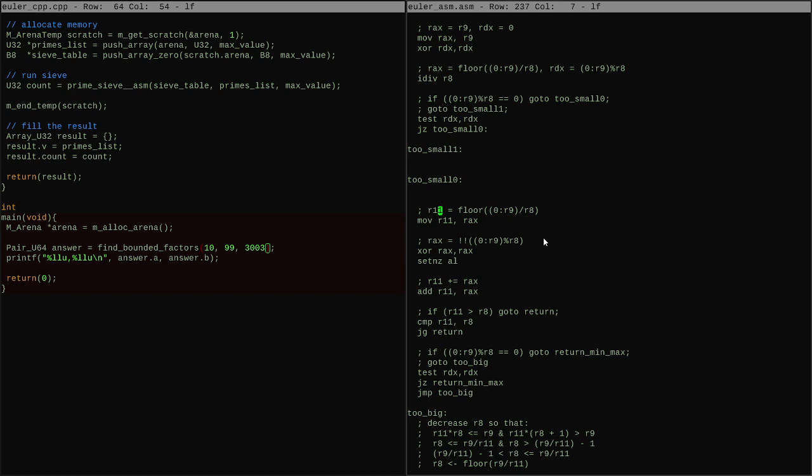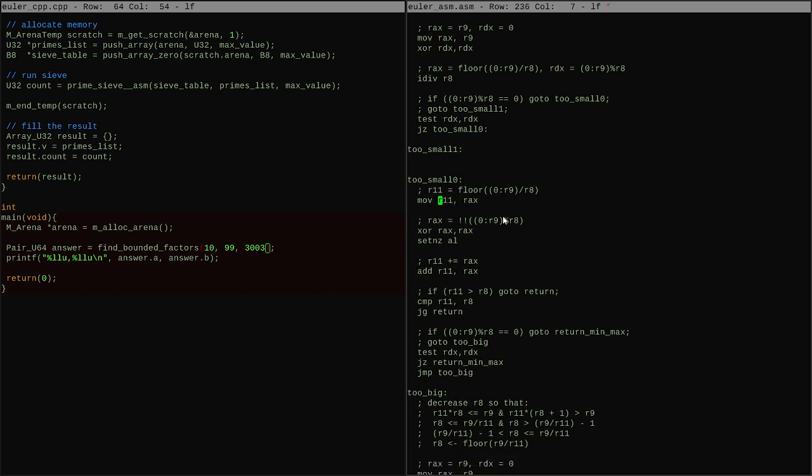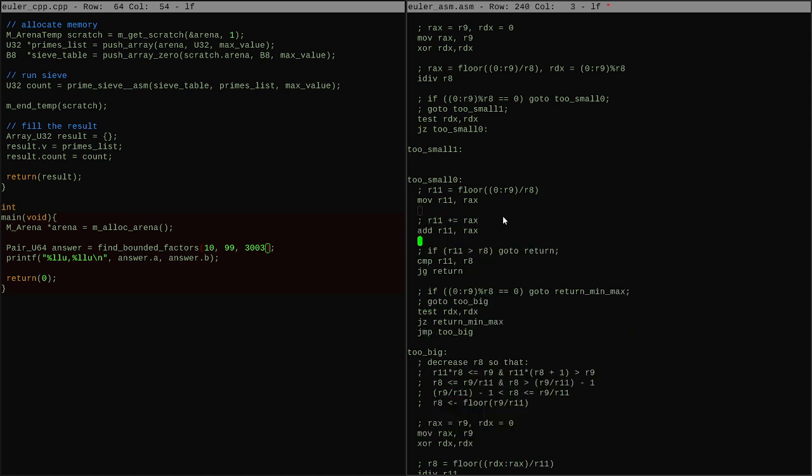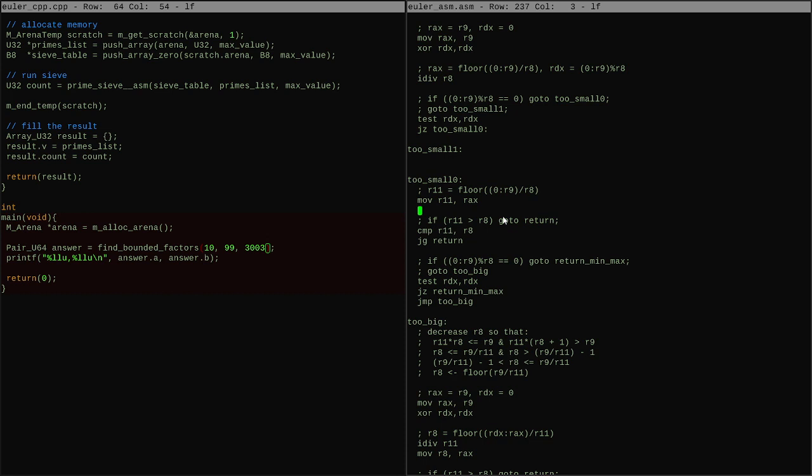So, if we are in 2 small 0, then we had a remainder of 0. So what we do is we set R11 like so. We test R11 right here. If it fails, we return.